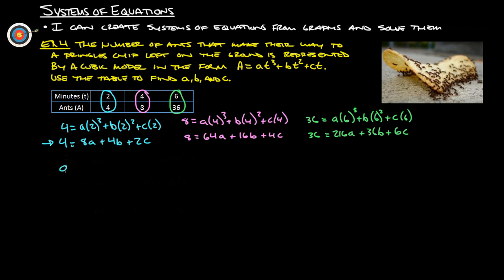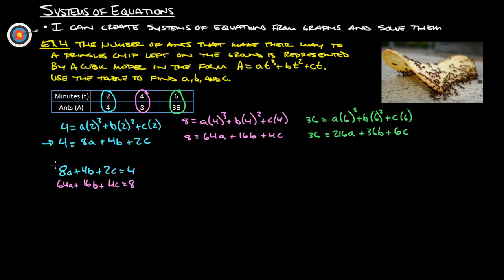So we're going to say 8a plus 4b plus 2c equals 4. Sorry, I should write so we can read it. Okay, and then we also have 64a plus 16b plus 4c equals 8. So that's that one there.